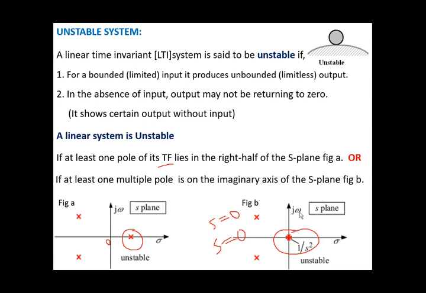The j omega axis is the imaginary axis. On this imaginary axis, S equal to 0, S equal to 0 is the repeated root. If multiple repeated roots are present on this imaginary axis of the S-plane, then we can say that the given transfer function is unstable. So these are the two conditions to say the system is unstable.